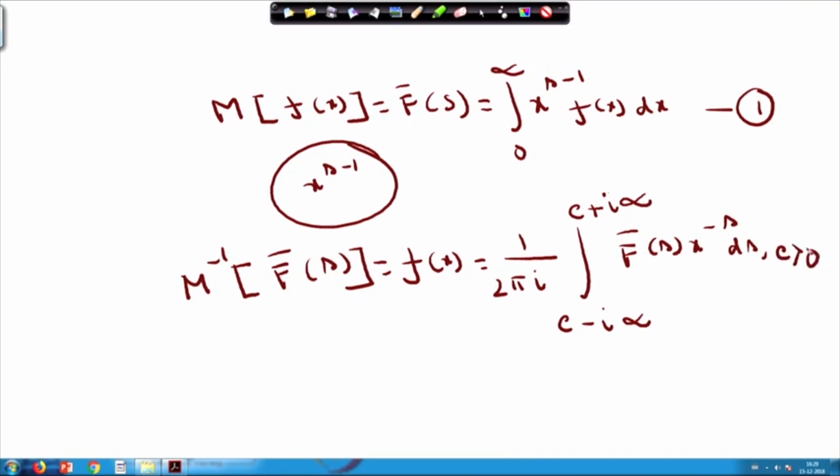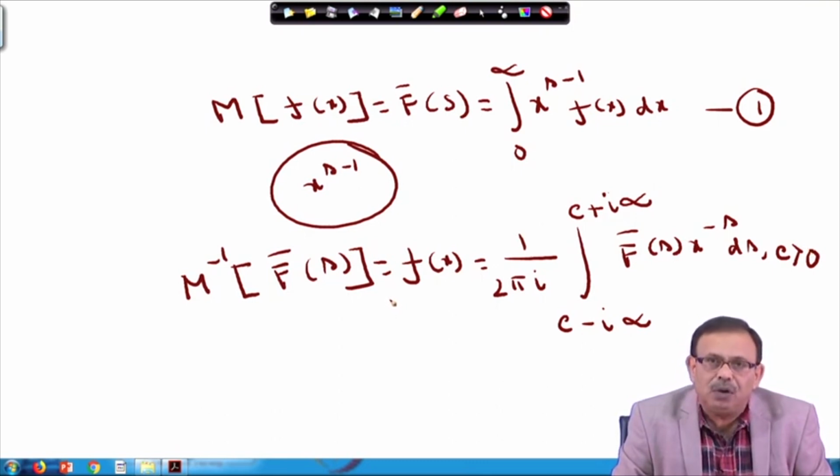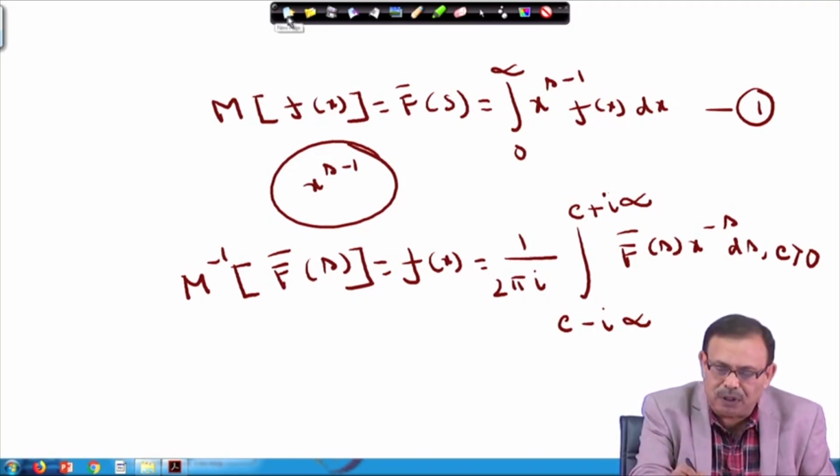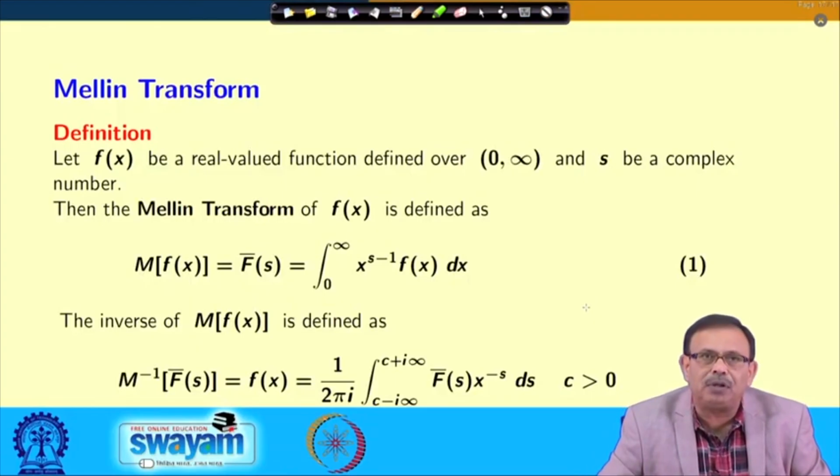So, this is the definition of Mellin transform and the inverse Mellin transform, and using these definitions we will see how to find the Mellin transform of some functions and what the properties available are. This I have already told.